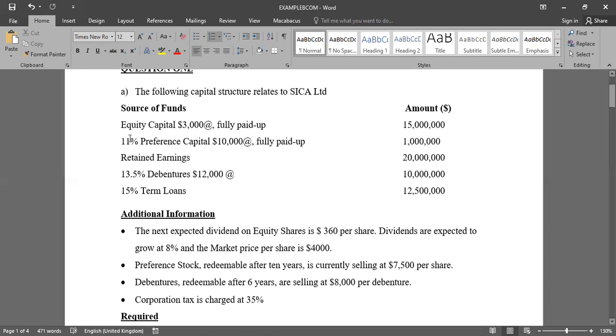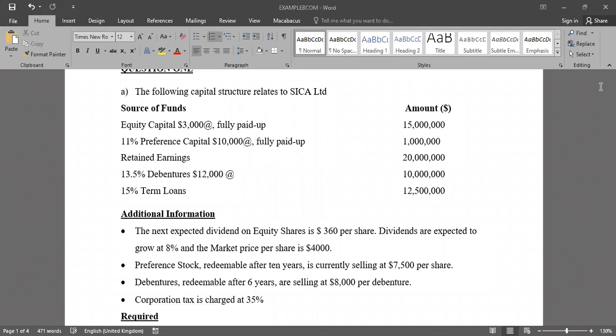So the rate was given for preference shares. To get the dividend paid, you take 11% times the par value, if you're using per share. But if you're using totals, then you would say 11% times 1 million. I hope I've answered you, Rebecca, in that regard.